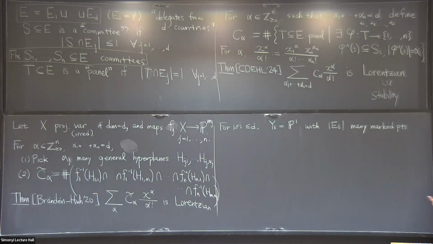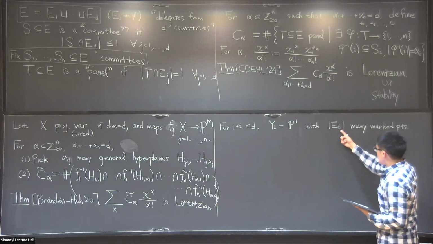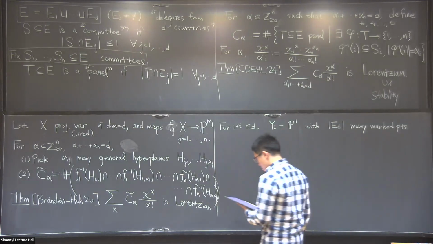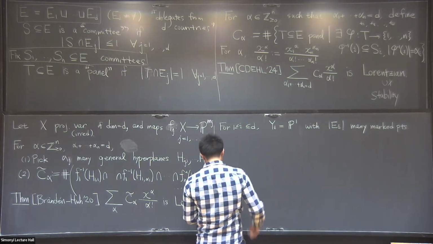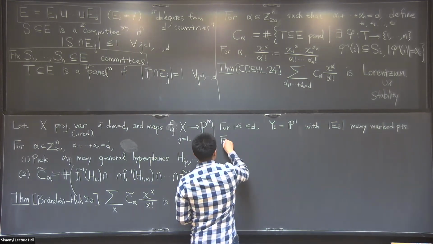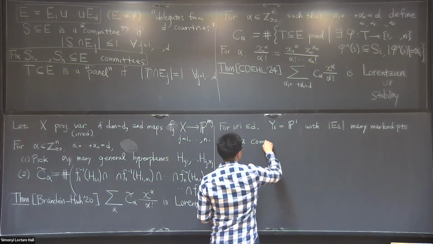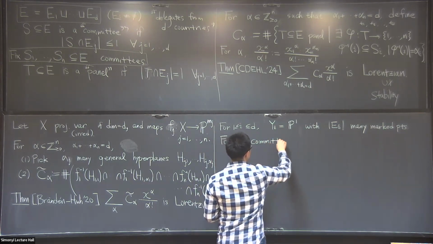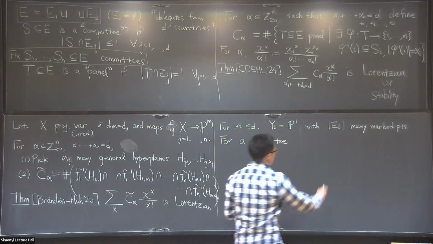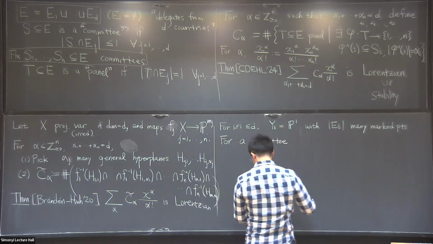So for each i I have P1 marked with these many points. And now something one can note is that for, let's say, a committee, in other words, a subset S whose intersection with every E_i is at most 1.